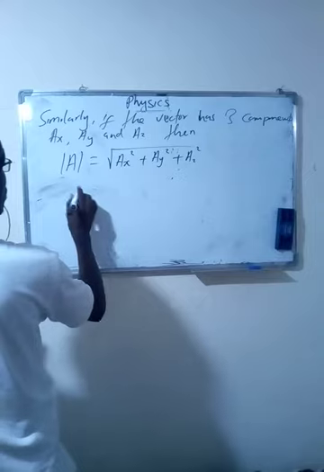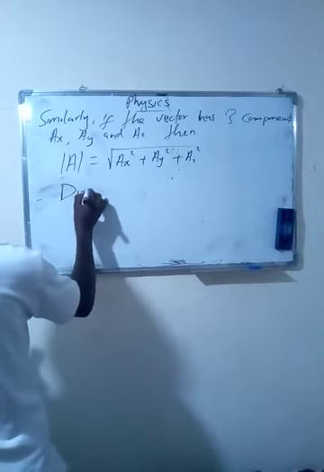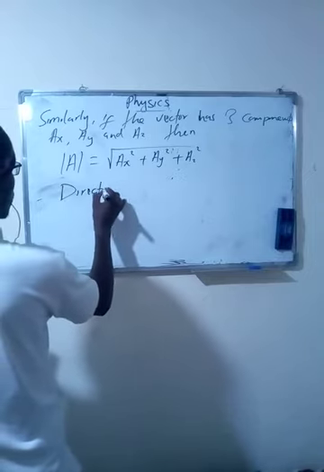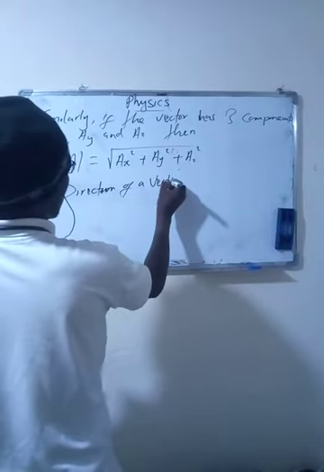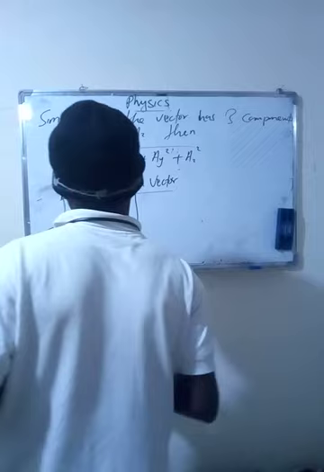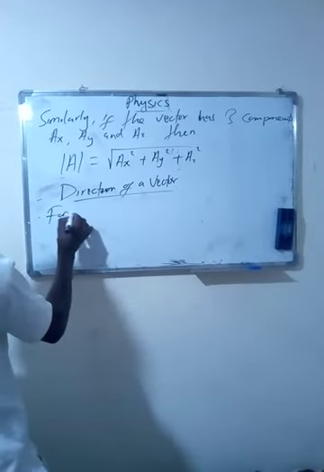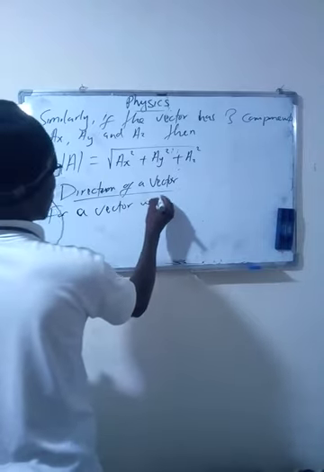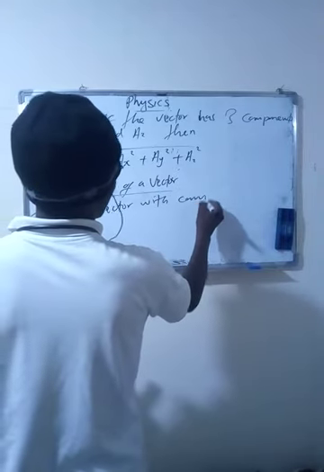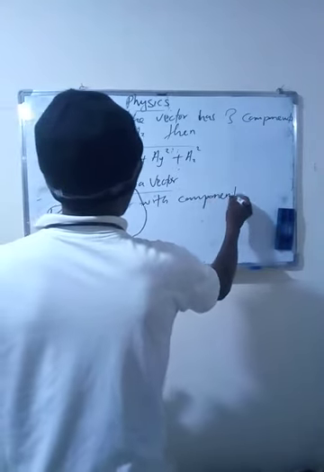Okay. So we say that for a vector with components AX and AY, right? Okay.